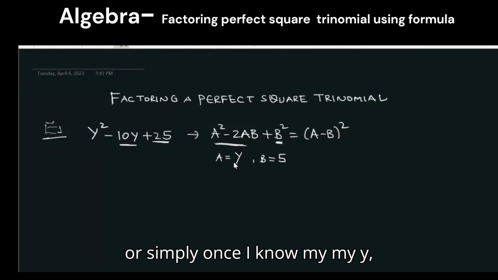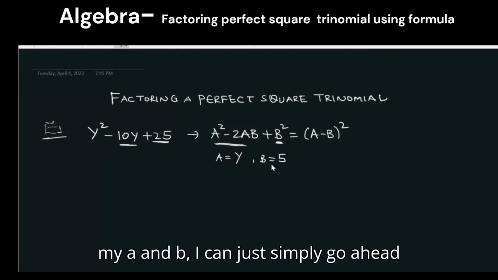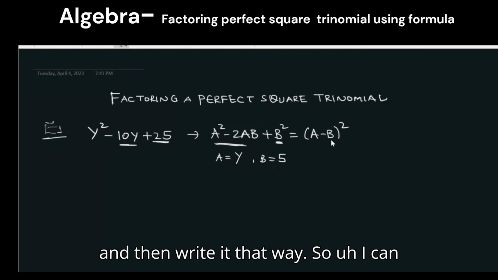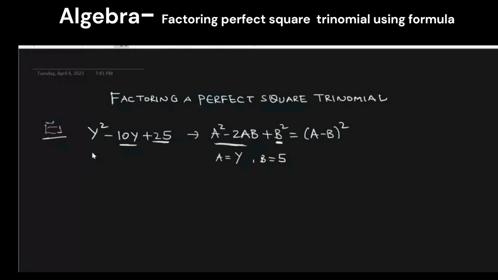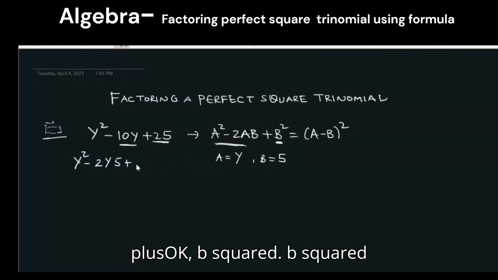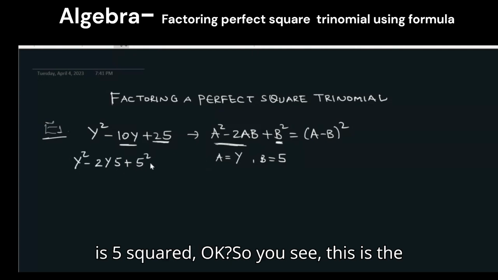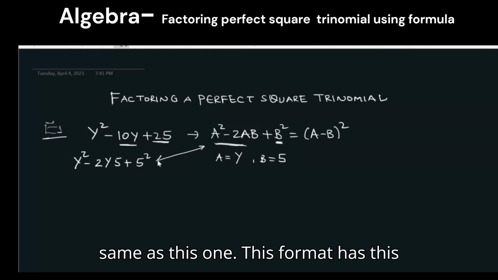Once I know my a and b, I can just go ahead and write it that way: y squared minus 2 times y times 5 plus 5 squared. So you see this format is the same as the formula.